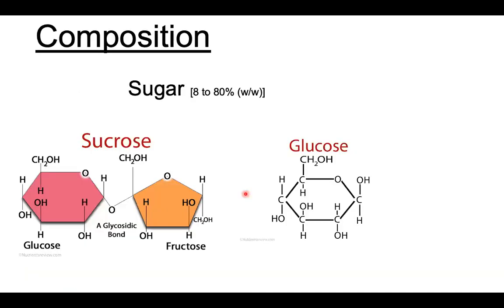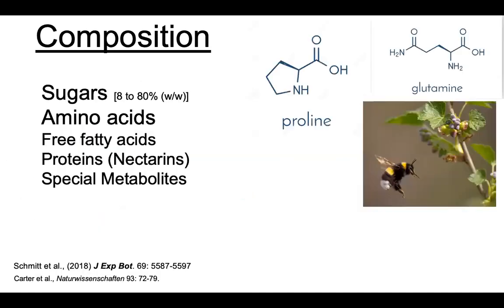The composition of nectar is also something I'm very interested in. Sugars such as sucrose and glucose are predominantly the major constituents of nectar. But to call nectar a sugar solution would be a shame because nectar is actually a very chemically diverse liquid. It has amino acids such as proline and glutamine. It has free fatty acids. It has proteins in it, such as nectarins.